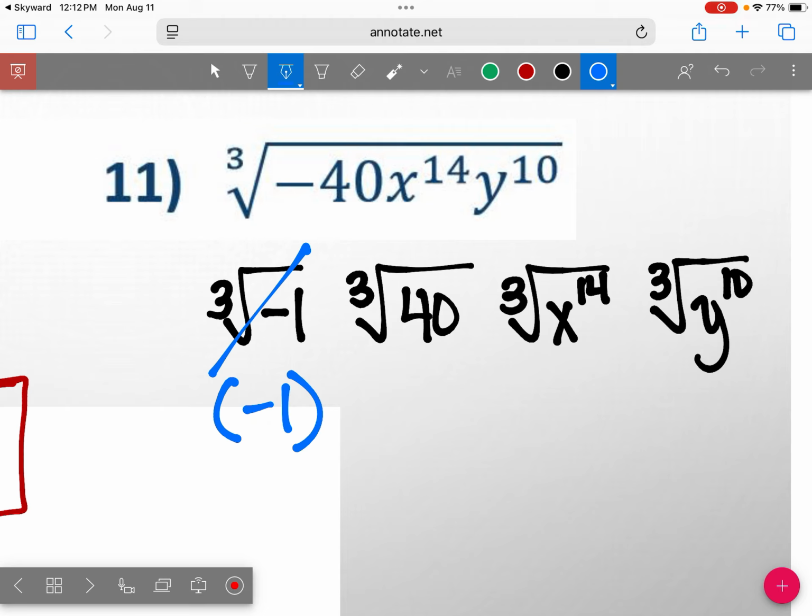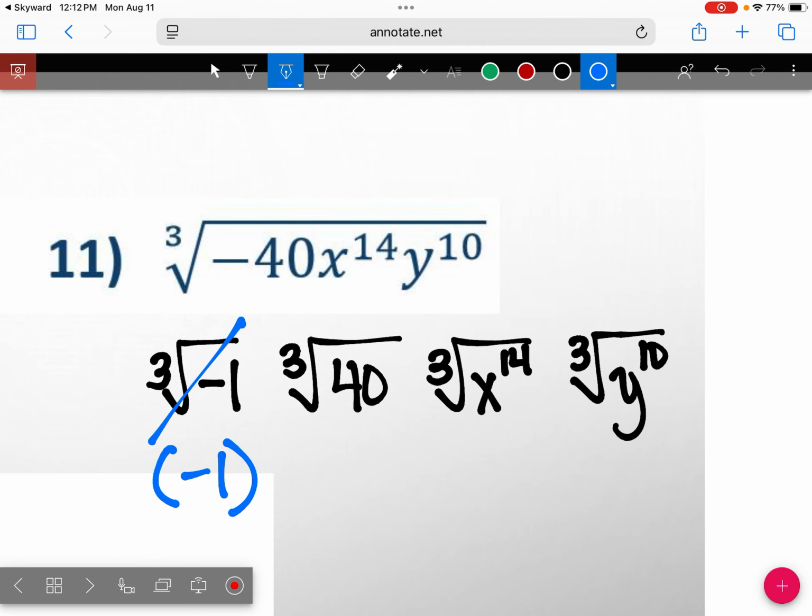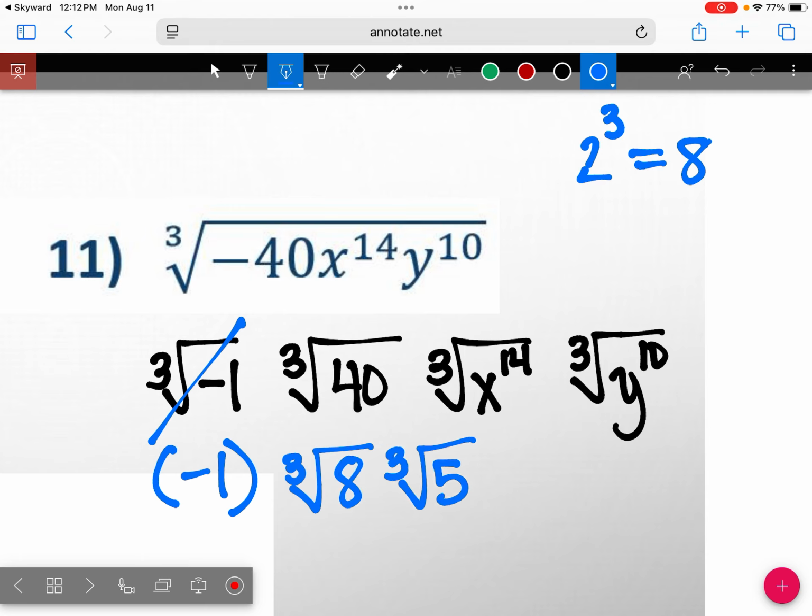Now, this is where it gets tricky. 40 is not a perfect cube. But 2 to the power of 3 is 8. And does 8 go into 40? Yes. So that means that I can break this apart into the cube root of 8 times the cube root of 5.